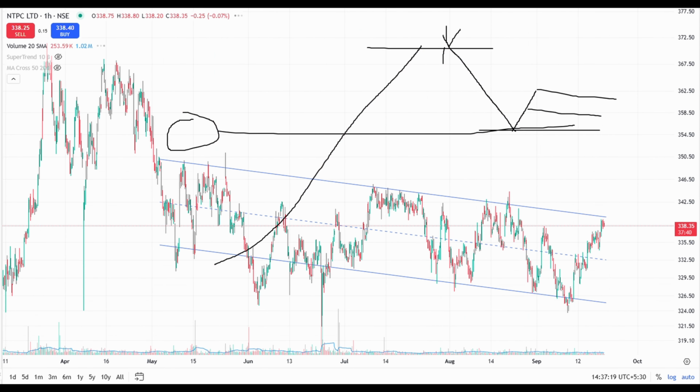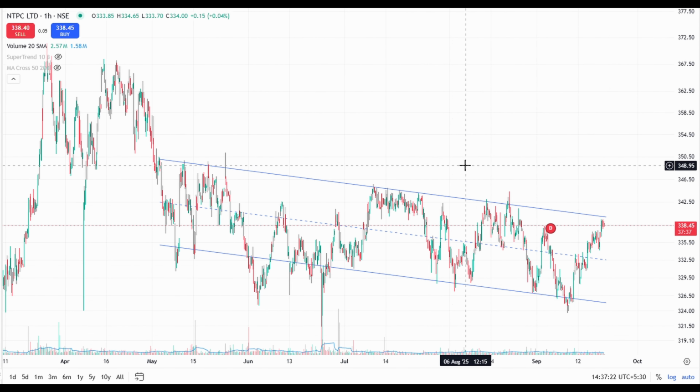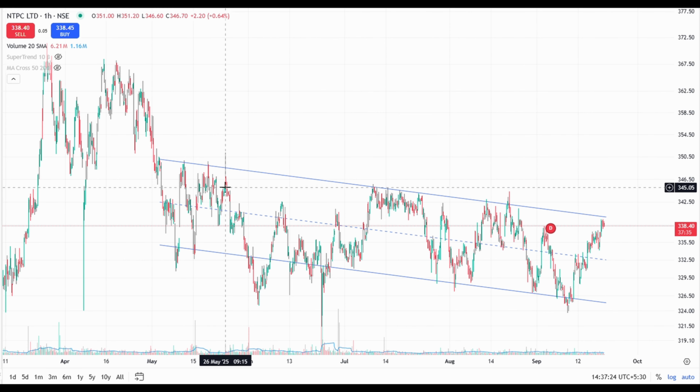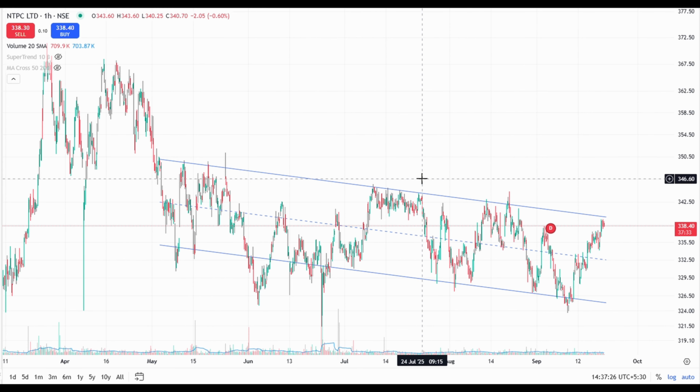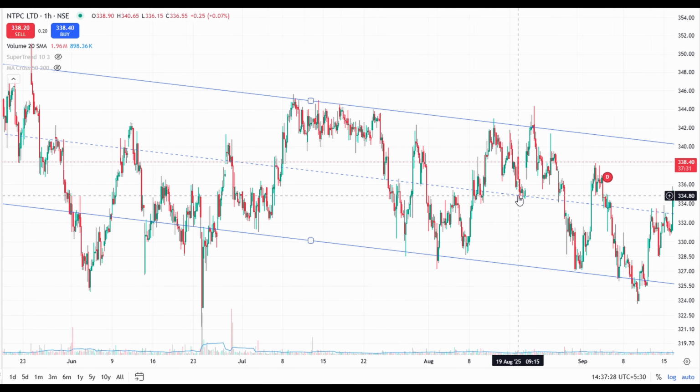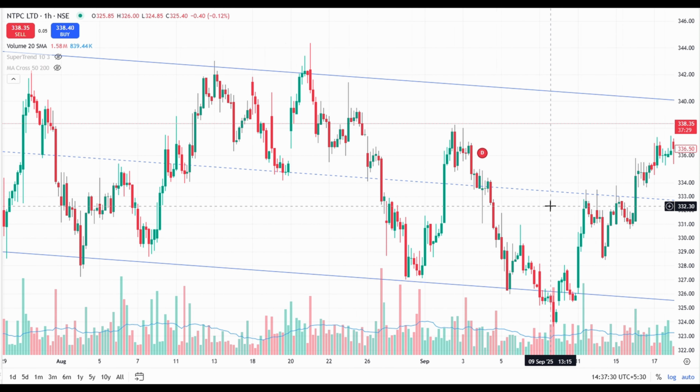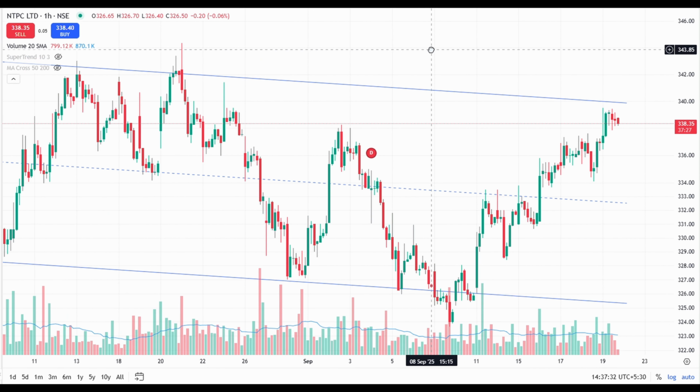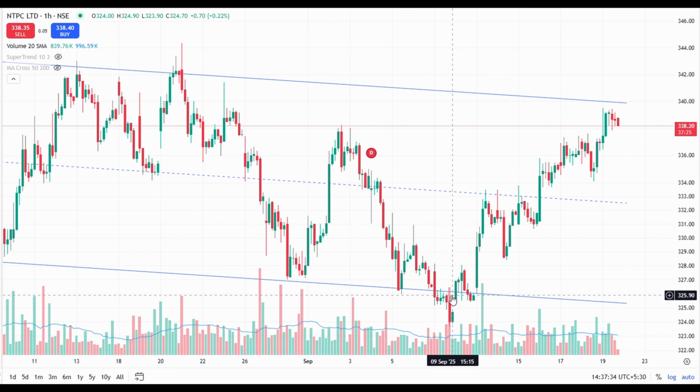Now come to the hourly chart. What is happening in the hourly chart? I have already drawn this parallel channel. Now let me zoom in the chart. So recently, last month, I saw price hovering here this way.